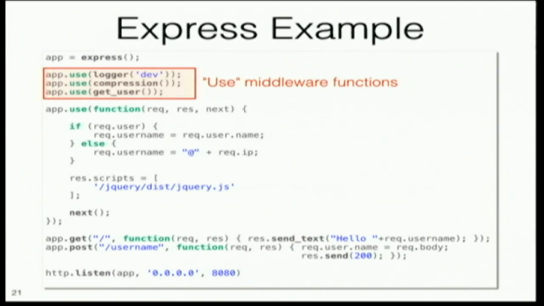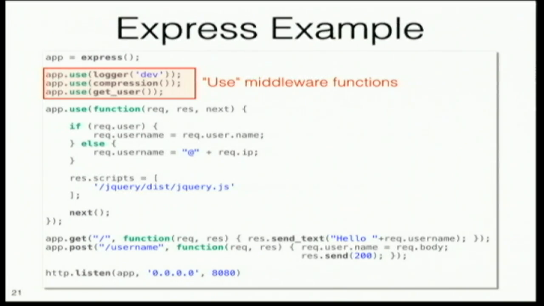Presumably these are coming from somewhere else. When a request comes in, when the client asks for something, it passes a request and response object to each of the middleware in order. So the first thing that would happen is this logger would probably just write a log, oh, this IP address just hit you.